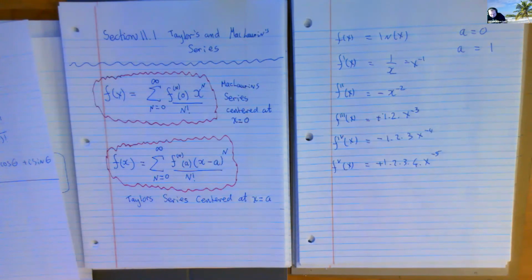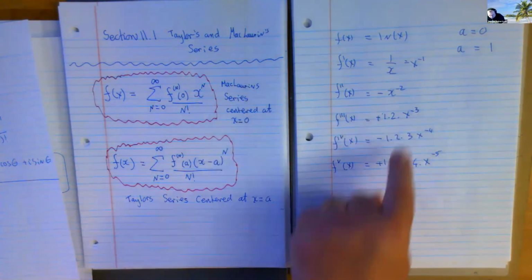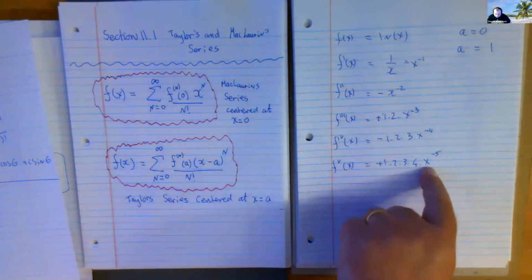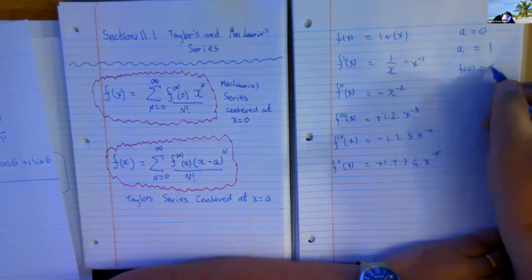Do you see that there is a distinct pattern in the derivatives? Positive, negative, positive, negative. So I guess I should have planned this a bit better. The value at 0 is 0.